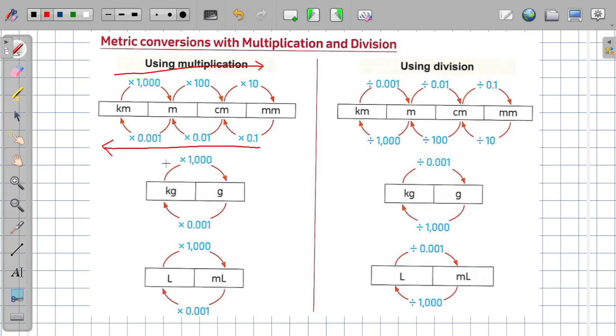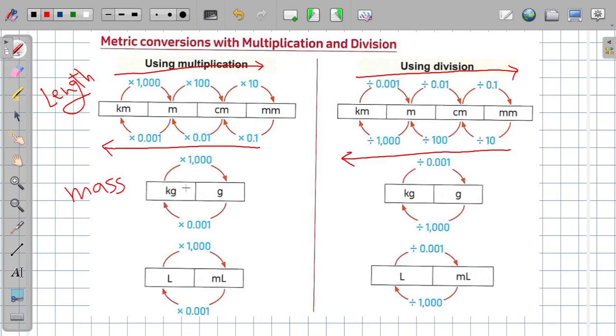Here in the division, if we want to convert from a big unit to a small unit, we will use division by a decimal fraction. But if we want to convert from a small unit to a big unit, we will use division by a whole number.